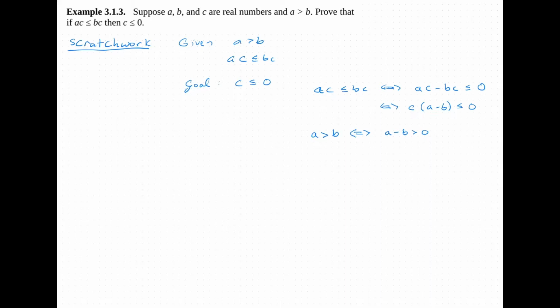In particular, A minus B is not 0. And the reason that this is important is that because it is not equal to 0, we can divide on both sides by A minus B.